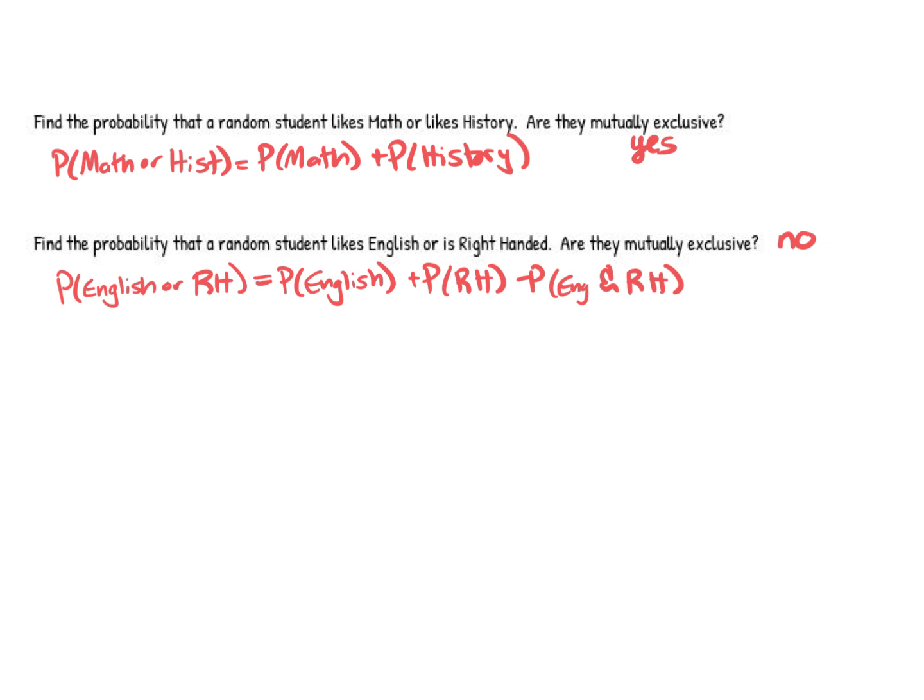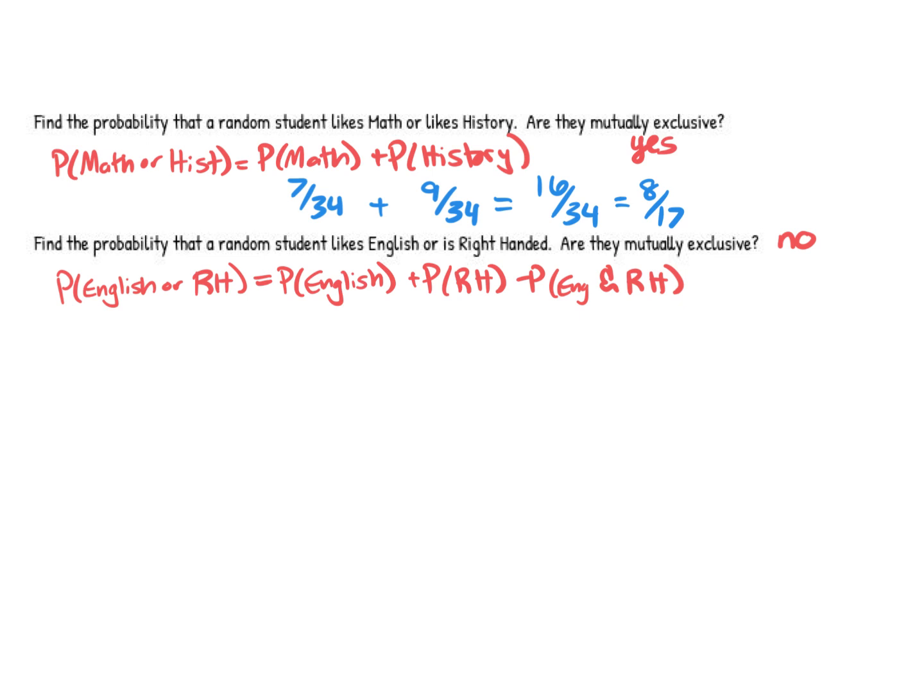So math or history is the probability of math plus the probability of history. Our math was 7 out of 34, and our history was 9 out of 34. So that gives us 16 out of 34, or 8 out of 17.